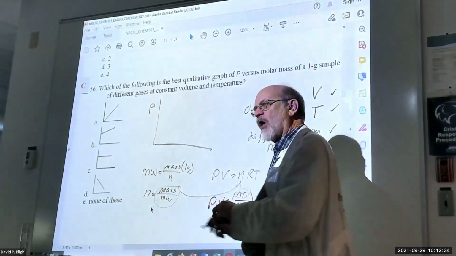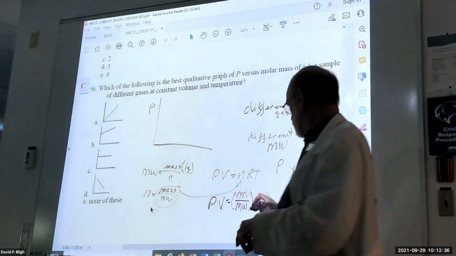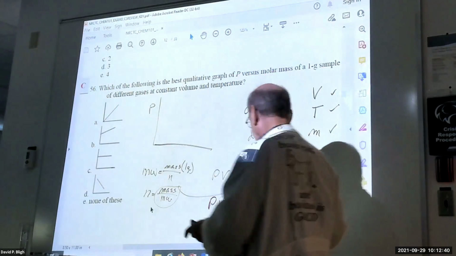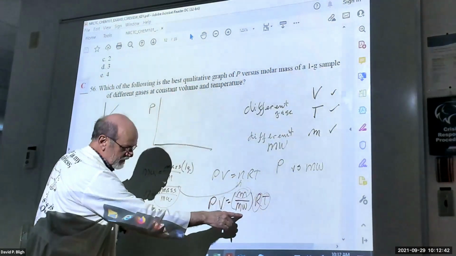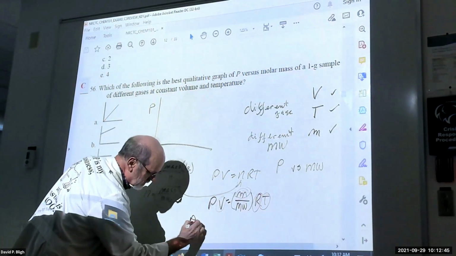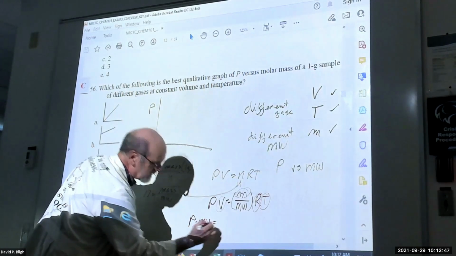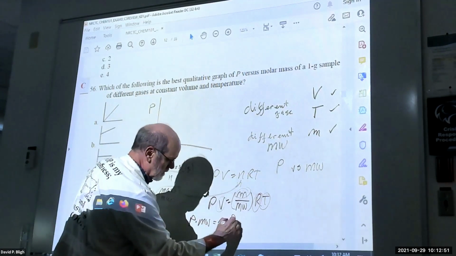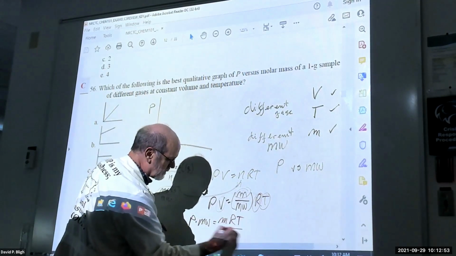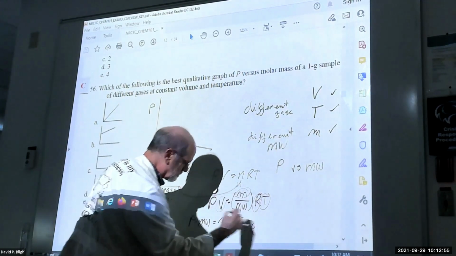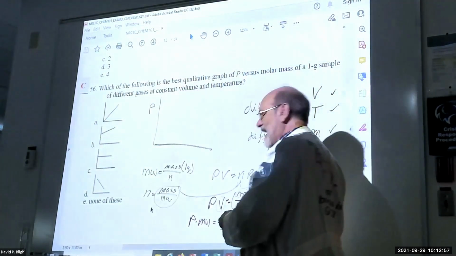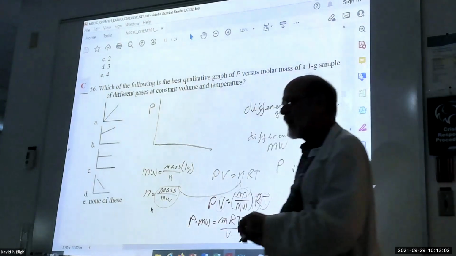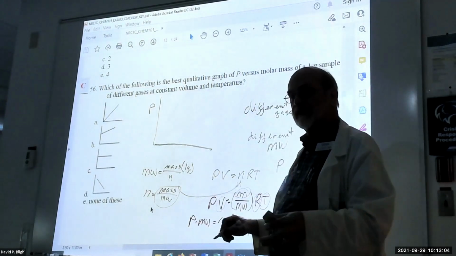So let's put all our constants on one side of the equation and the variables on the other. If we pull this one over here, pressure times molecular weight equals mass times gas constant times temperature divided by volume, and that's a constant. So what do we have? We have these two variables, pressure and molecular weight, equals a constant, which says what?